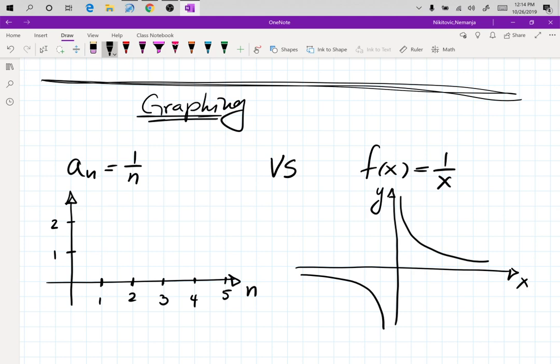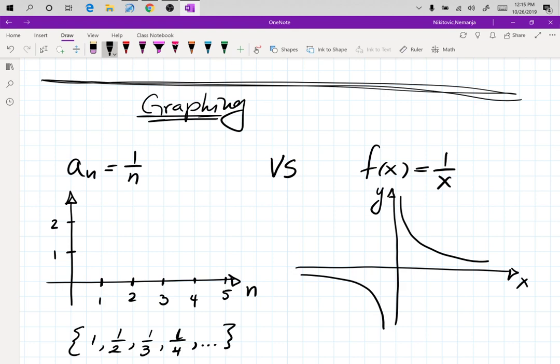What you are going to find now is that when you have a sequence, you just have a dot, and then another dot, and then another dot. You do not have a continuous line of dots that are all clumped together very closely. So the first in a sequence is 1, and then 1/2, and then 1/3, and then 1/4, and dot, dot, dot, going on forever.